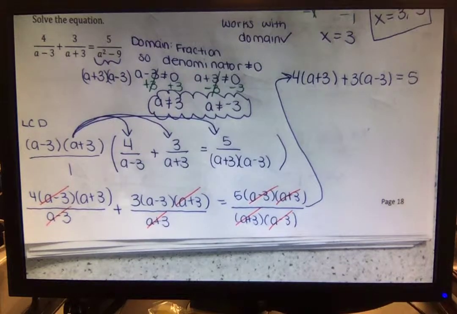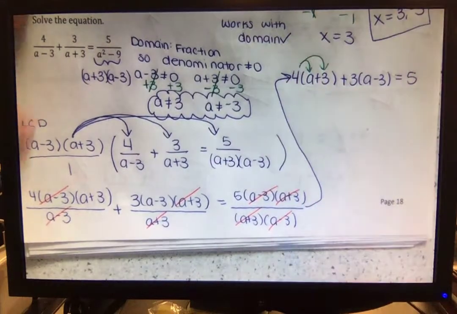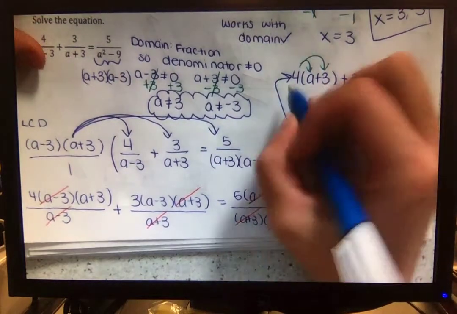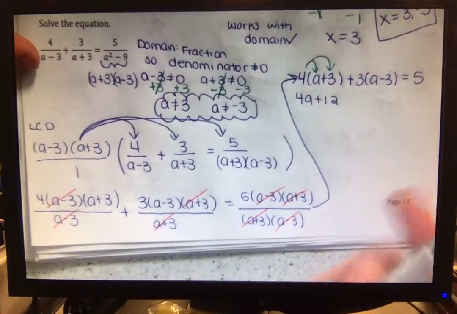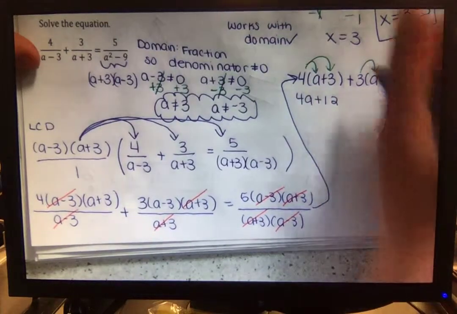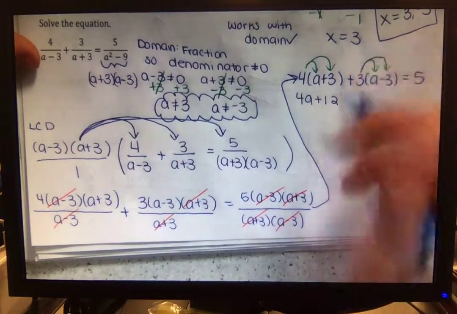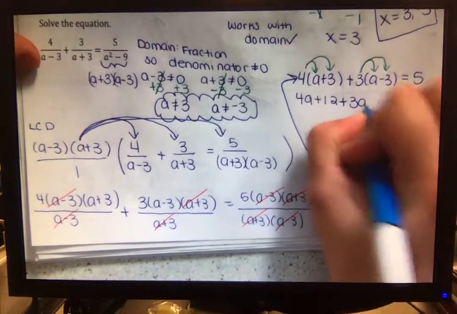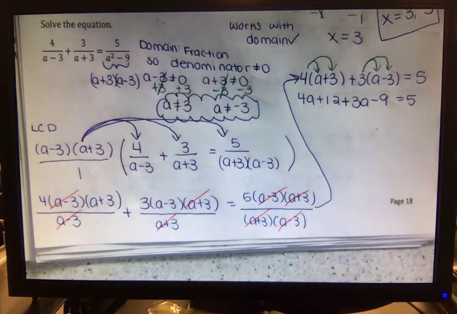4 times a plus 3 plus 3 times a minus 3 equals 5. What do I do first? Distribute, thank you. So 4 times a will give me 4a. 4 times 3 will give me 12. Distributing again, 3 times a will give me 3a. 3 times negative 3 will give me negative 9. So 4a plus 12 plus 3a minus 9 equals 5.